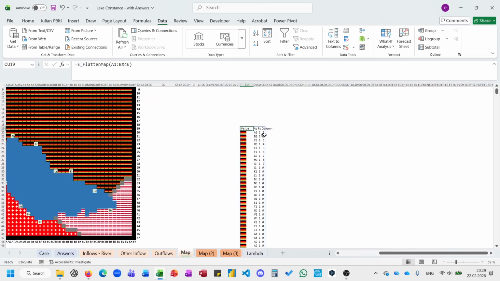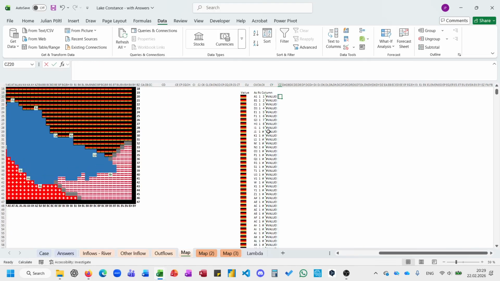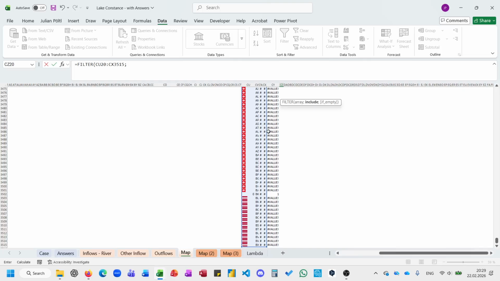And then I take here LEN and then filter this if not is error of LEN.